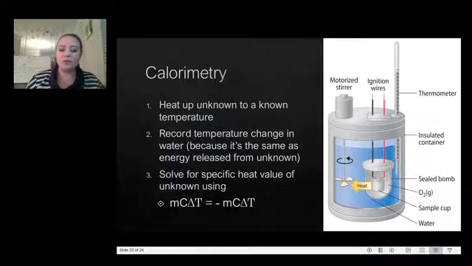And so we can record the temperature change in the water, and we can record the temperature change in the unknown. We can record the mass of the water, we can record the mass of the unknown. We know the specific heat of water, if we round it off, is 4 joules per gram Celsius. So at that point, we can just solve for whatever unknown we have and then look up what that specific heat value is in a table to figure out what it is.